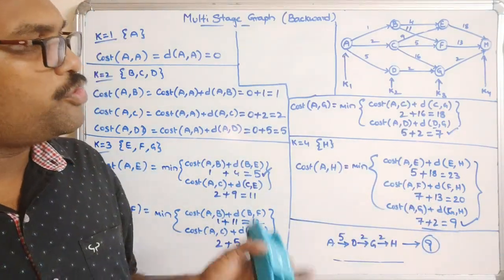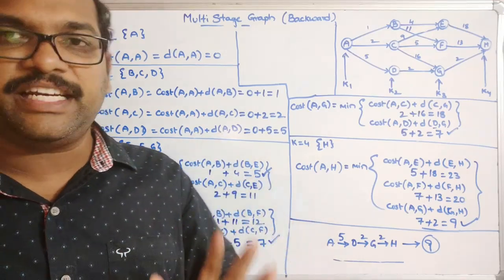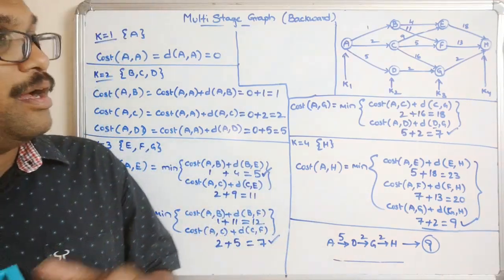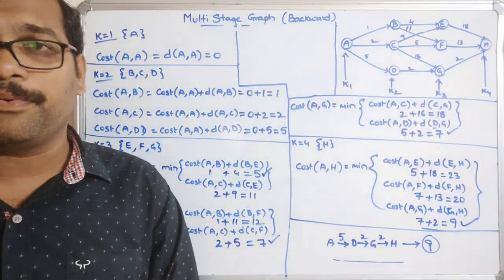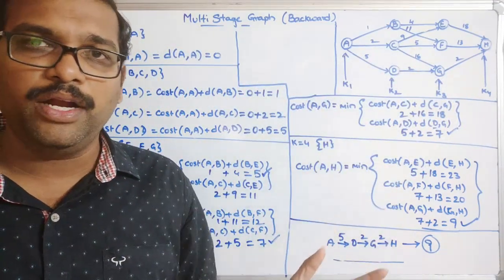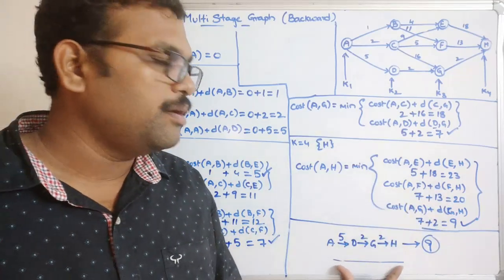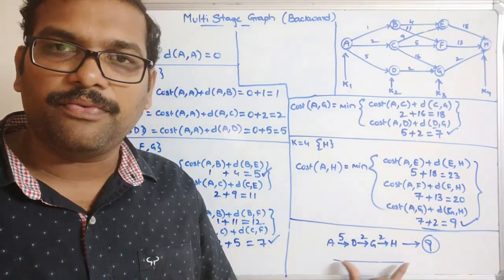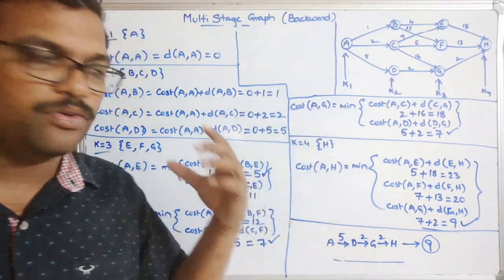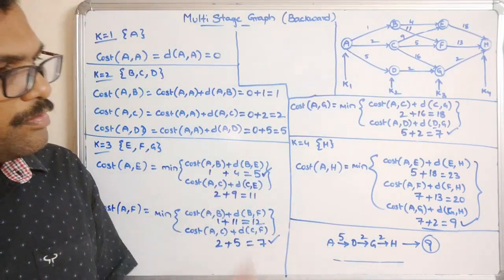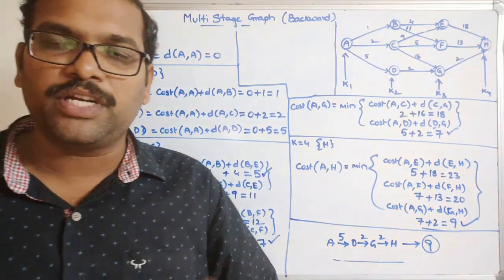So hope you understood. Here we have taken 4 stages. You can remember that the same diagram we have taken for the forward approach also, and we have solved it and we got the same path for the shortest distance, right? So you can cross check. The complete subject link will be posted in the description.